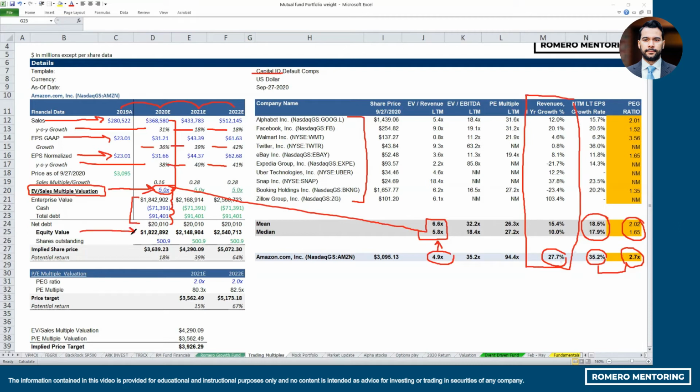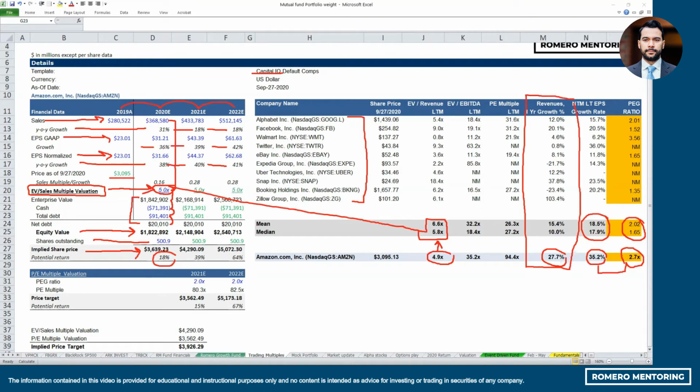As a shareholder, we care about the equity value. We take equity value divided by the company's shares outstanding, and we get an implied share price. The implied share price using a 5 times EV over sales multiple is $3,639. That represents an 18% upside from the current stock price as of Friday's close, which was $3,095.